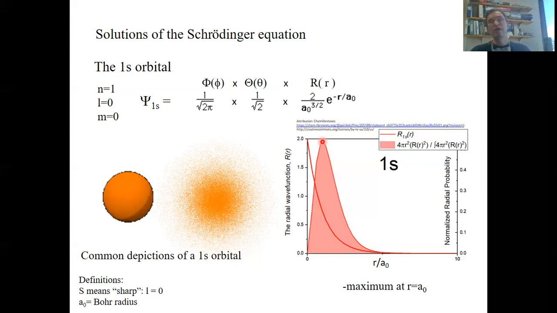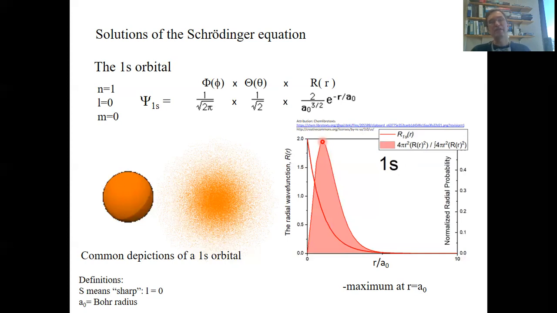Okay, so now that has also interesting implications, because it says, well, Bohr didn't include the wave properties of the electron in the Bohr model, but in a sense, he was still right, assuming or calculating that the electron would be found at the distance of the Bohr radius from the atom.